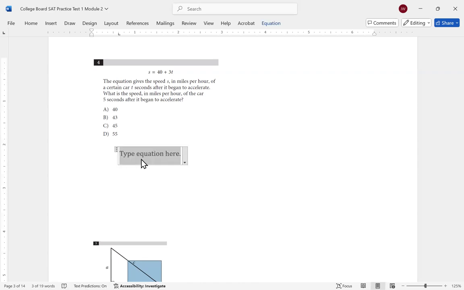When I do that, I get s is equal to 40 plus 3 times 5, which is 55. So that means 5 seconds after it begins to accelerate, the car should be at 55 miles per hour. So the answer there is D.